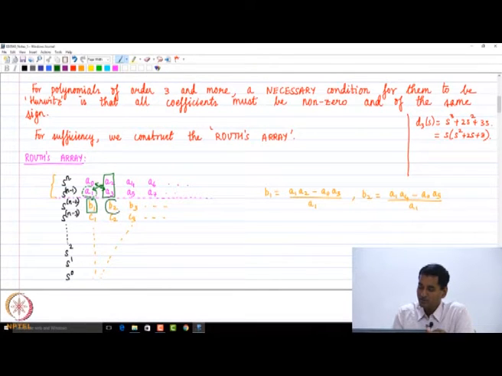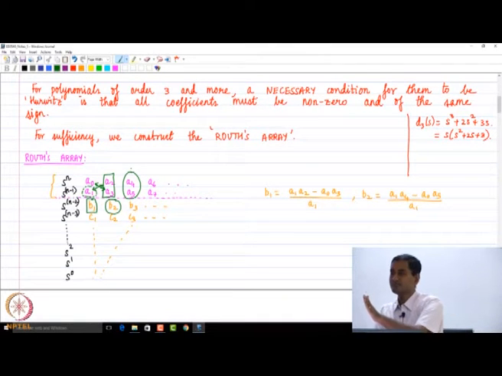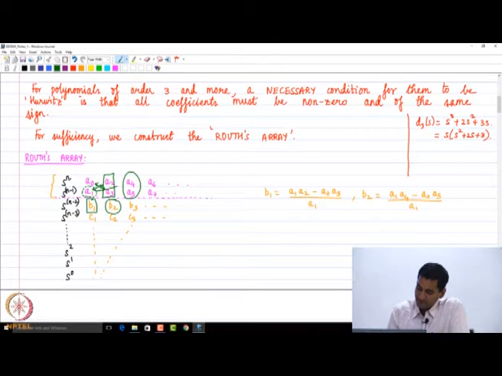Now for b2 we choose a4 and a5, which is just one column shifted to the right, in the two rows above. So I multiply a1 with a4, a0 with a5 and then divide by a1. I continue this process till I stop in the s power n minus 2 row.